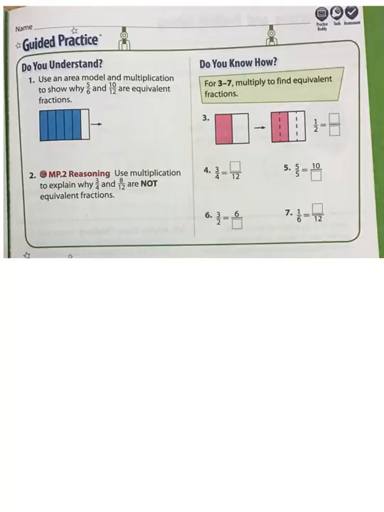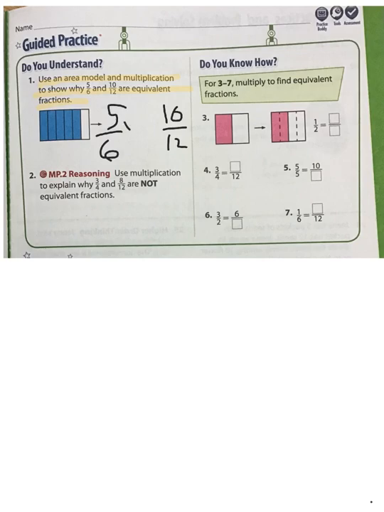Let's do the guided practice together. Use the area model in multiplication to show why 5/6 and 10/12 are equivalent fractions. Well, if we have 5/6 and we have 10/12, think, what number do you multiply to get from 5 to 10?